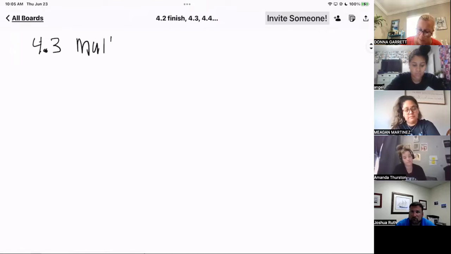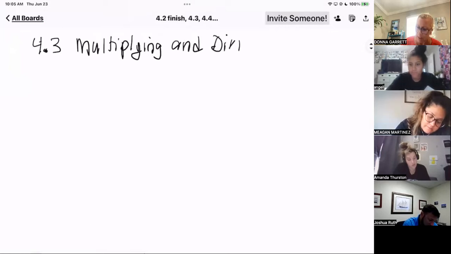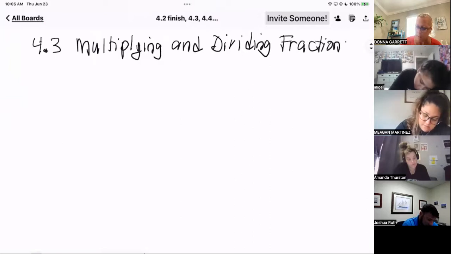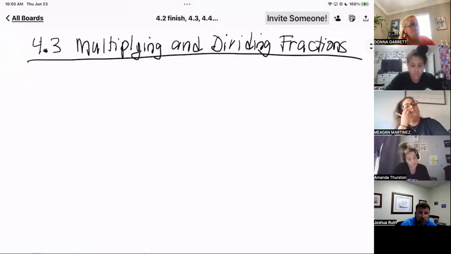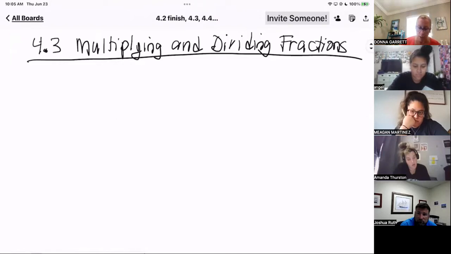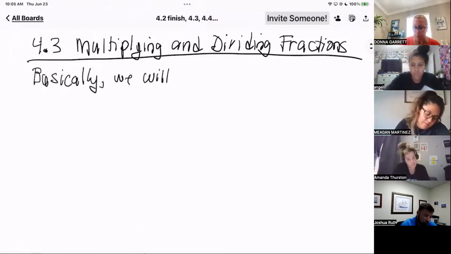4.3, multiplying and dividing fractions. Now, I could say it's as simple as multiplying the numerator, multiplying the denominator. It can be, but there are also shortcuts. So I'm going to put basically, which means not all the time, but this is what it means.